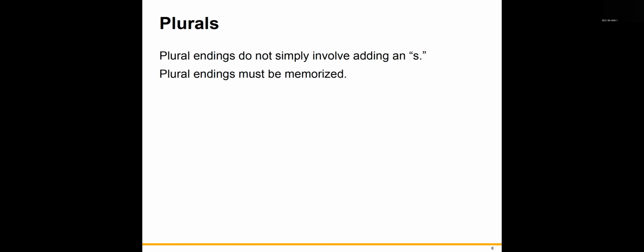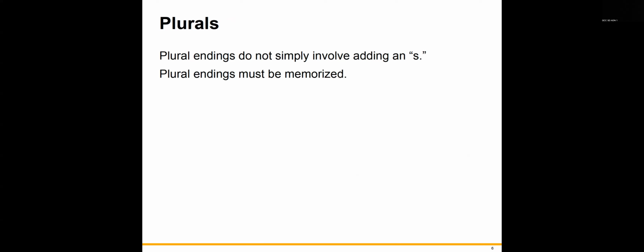You have atrium, which is singular, becomes atria, which is plural. Diagnosis is singular. Diagnoses is going to become plural. Okay. And again, like I said, these have Latin and Greek origin, so they're not necessarily used with the conventional English language.